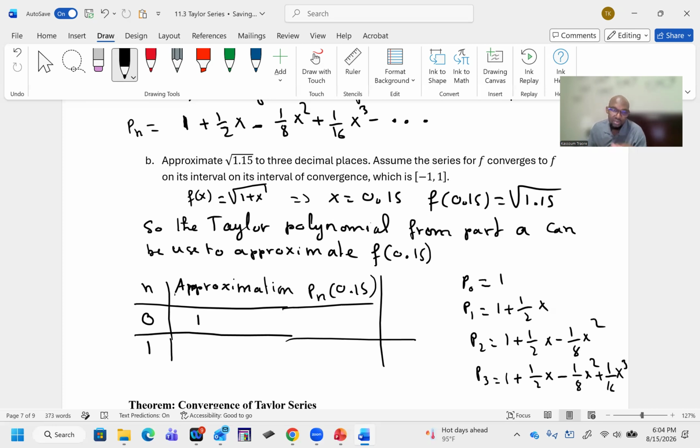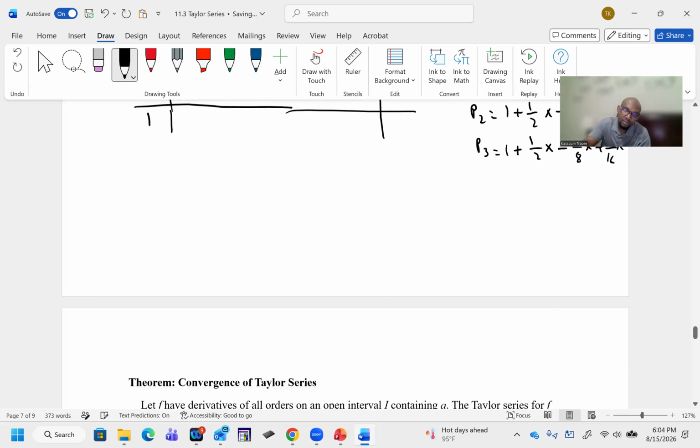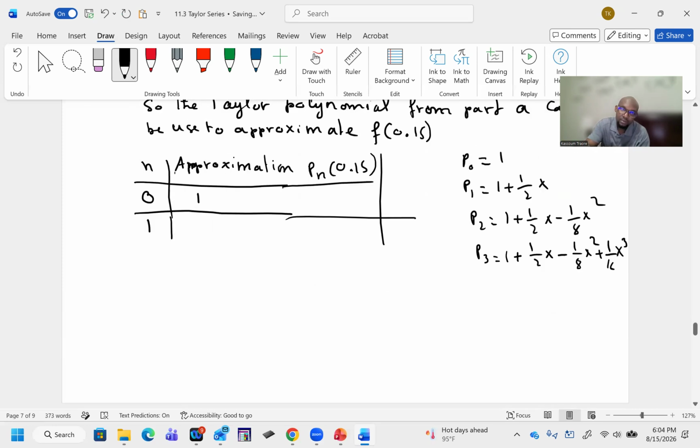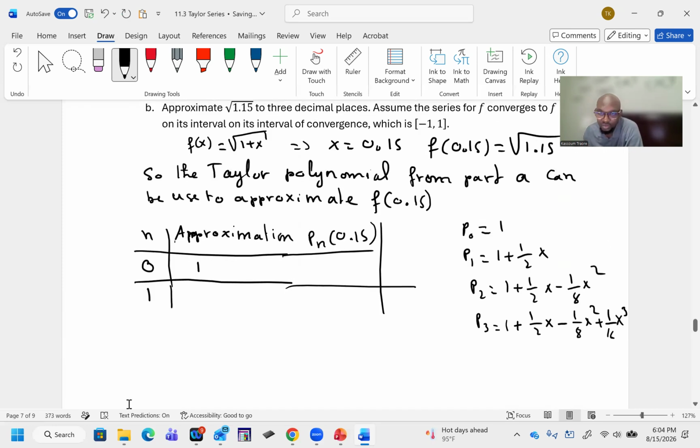So if n is 1, substitute 1, we have what? Sorry, I'm making a mistake again. Let me correct this one. No, there is no mistake. So it's 0.15, okay? So we'll have 1.075.